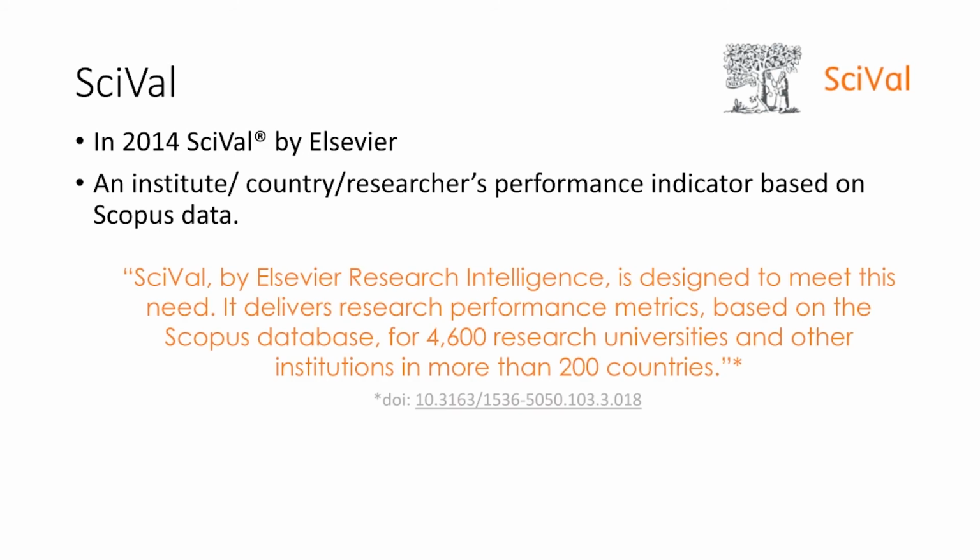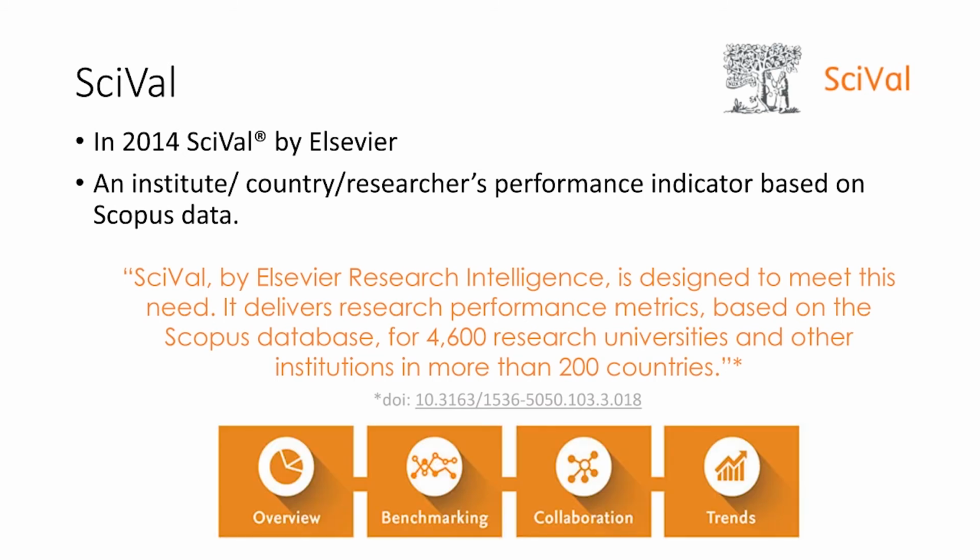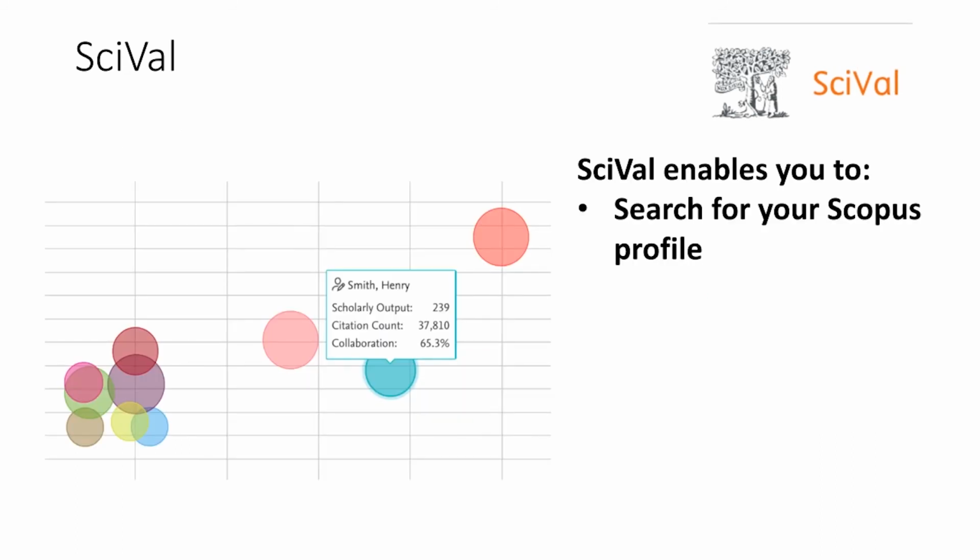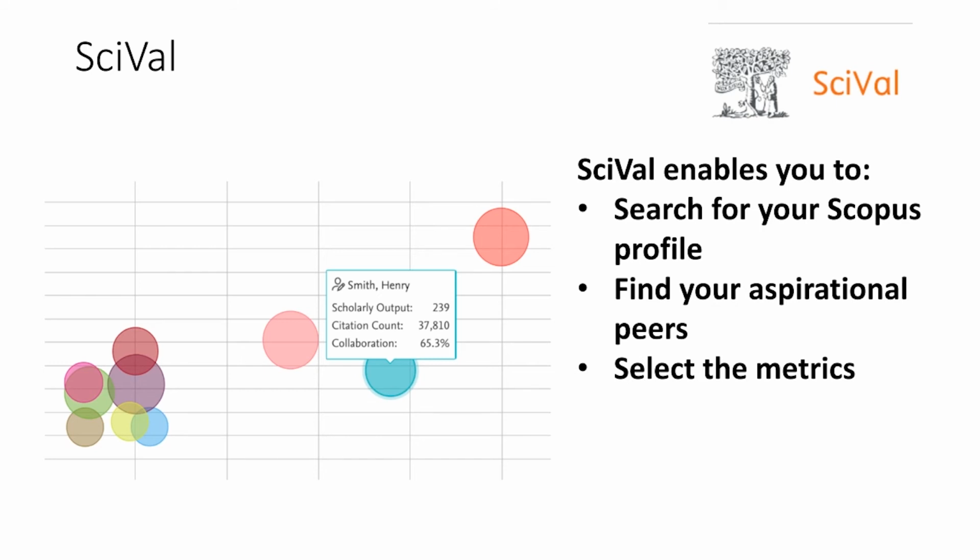It delivers research performance metrics based on the Scopus database for 4,600 research universities and other institutions in more than 200 countries. So SciVal looks like this: scholarly output, citation count and collaborations can be seen on the same platform.